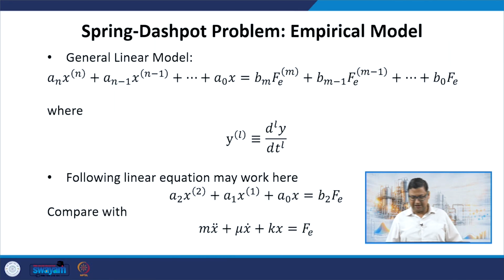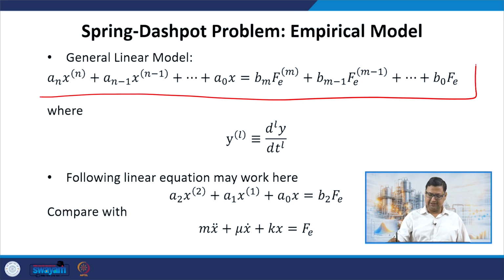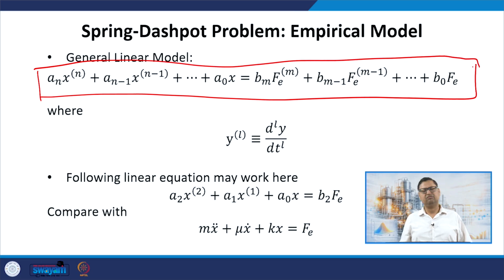So, a general mathematical form of that linear model is the following. We can think about this model as some kind of differential equation on both sides, left hand side and right hand side. On the left hand side, we have these parameters which one has to evaluate by fitting, and then x^(n) denotes the nth derivative of x with respect to time, x^(n-1) is the n minus 1th derivative with respect to time, and so on.